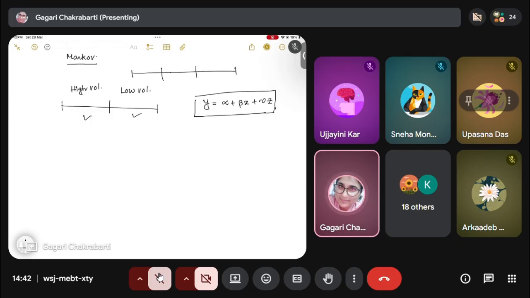কিন্তু ব্যাপারটা ঠিক এতটাও সহজ নয়। এই যে আমি বলছি যে হাই ভোলাটিলিটি আর লো ভোলাটিলিটি, whose volatility is this? It is the volatility of the y variable. কেমন? So তার মানে y ভেরিয়েবলটা এমন ভাবে মুভ করছে ওভার টাইম.